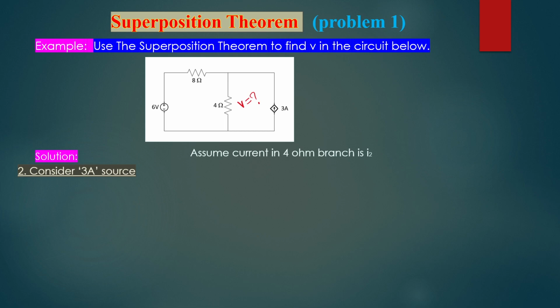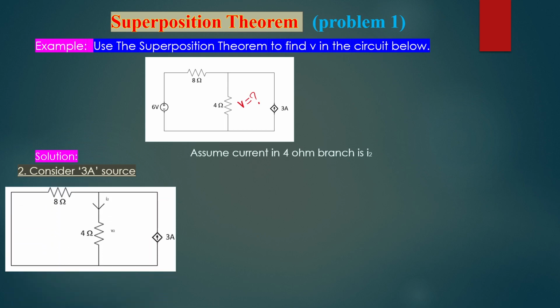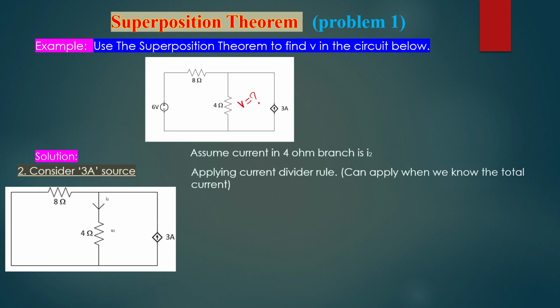We'll assume the current in the 4 ohm branch is I2, and the voltage across the 4 ohm resistor is V2. By applying the current divider rule, because we know the total current of 3 ampere is flowing through this circuit.